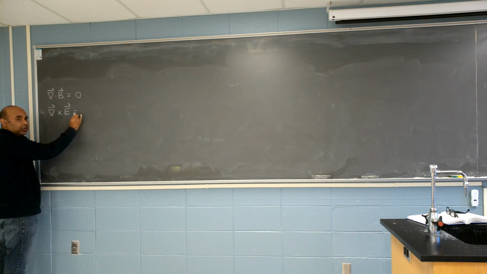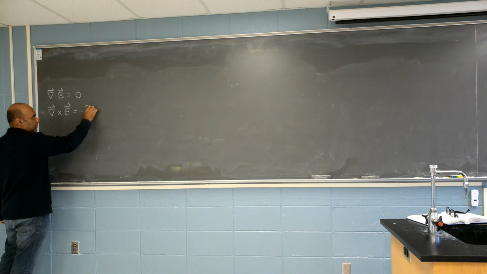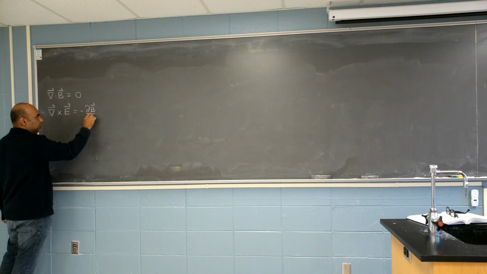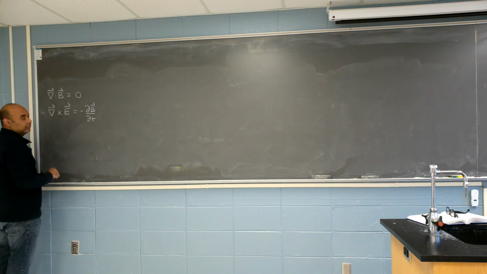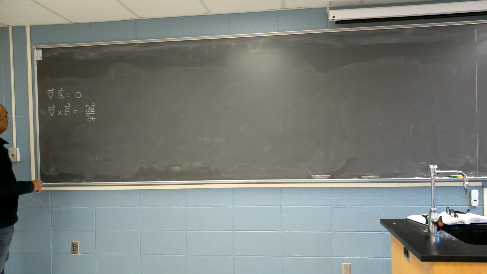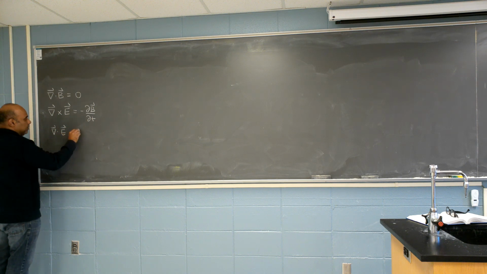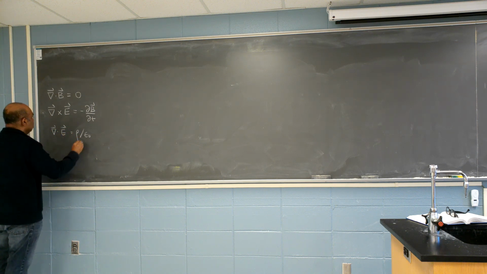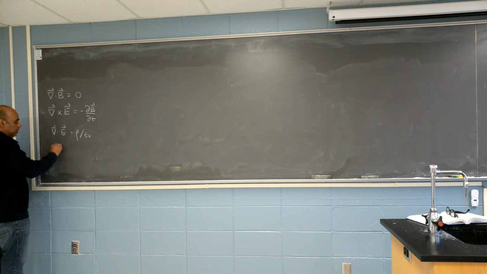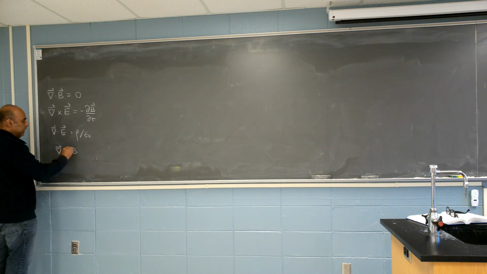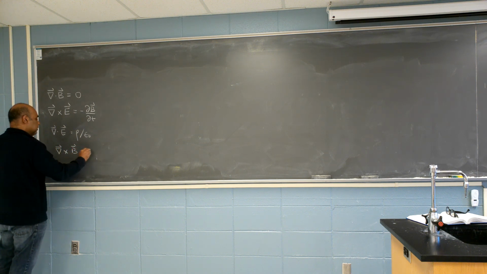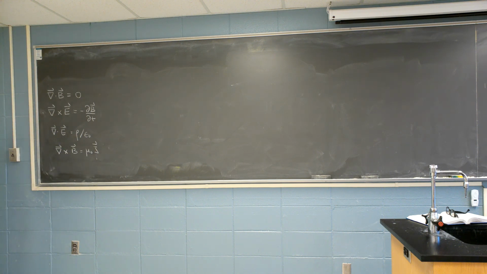It would have been 0, but Faraday came in and said, wait a minute, there is induction. Divergence of E is rho over epsilon naught. And the curl of B is 0, J.